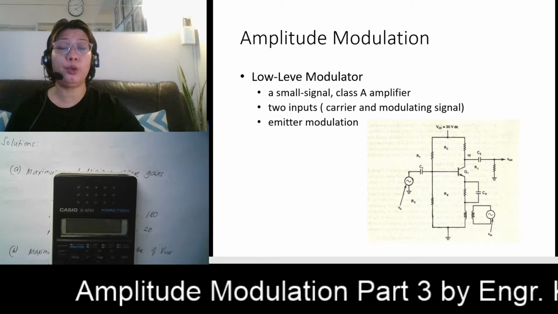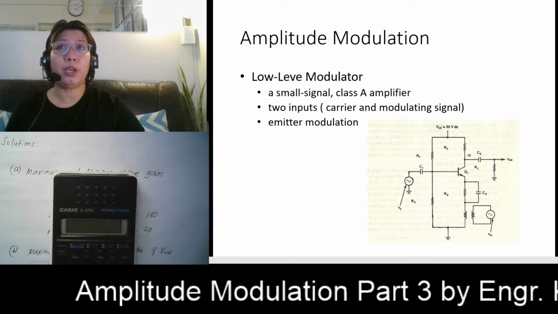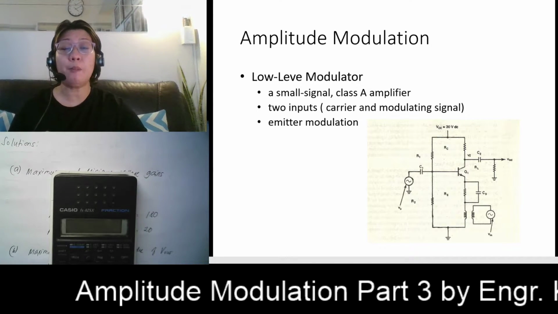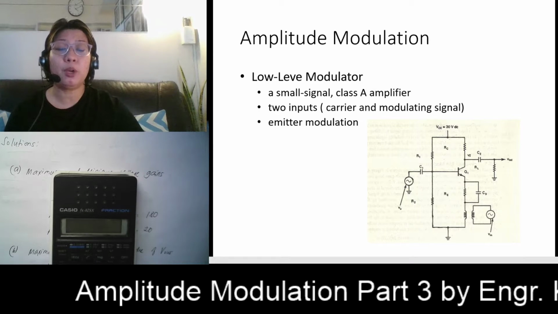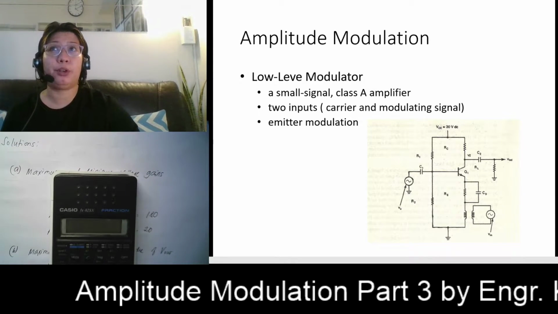So it is now acting as a modulator circuit. Your carrier is applied to the base, and it is being modulated by your modulating signal that is applied across your emitter region.